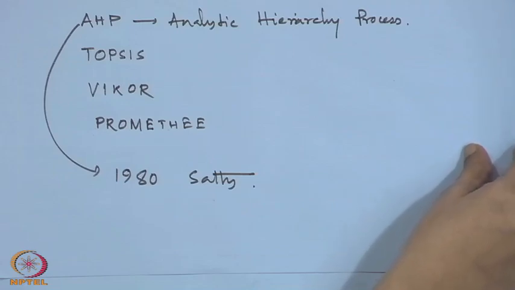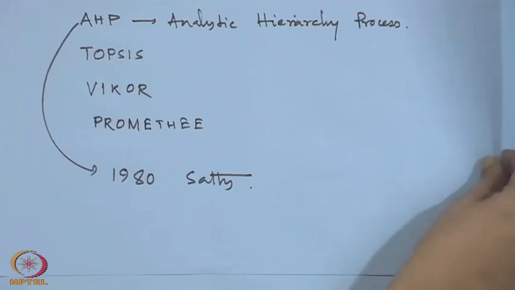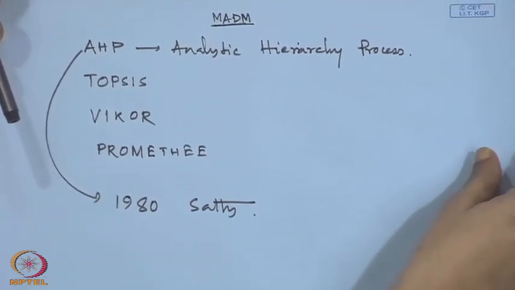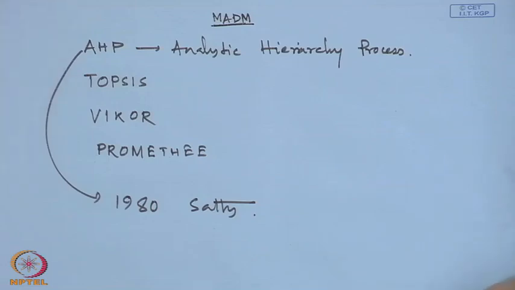In a multi-attribute decision making problem, whatever information is available, the information may be of different kinds. It may happen that we are having the information regarding the alternatives, and the information about the ranks of the criteria. That means which criteria is important for us is given, and which criteria is less important is also given.